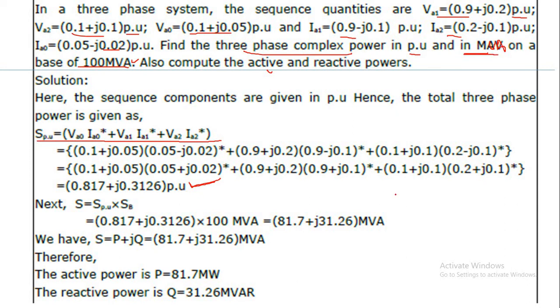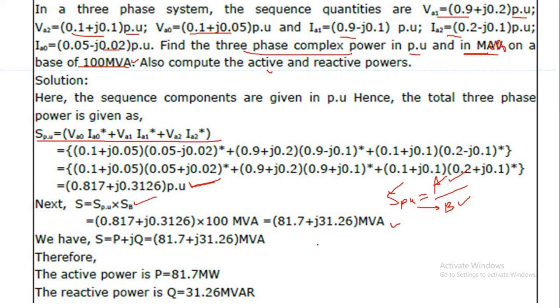We know that the per unit value is given by actual value divided by base value. But here we already know the per unit value, we already know the base value. They asked you to calculate the actual value, that is, in terms of MVA. So the actual value is given by per unit into base value. So per unit into base value we can get in terms of MVA.